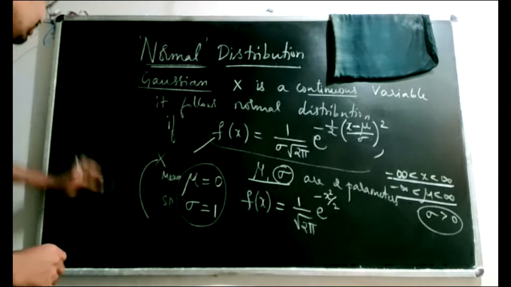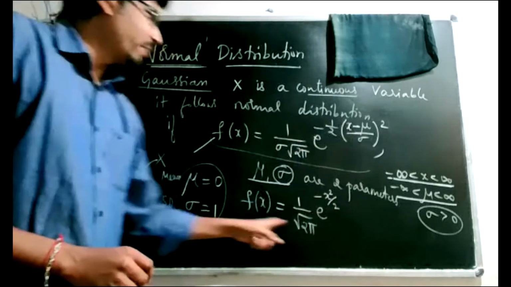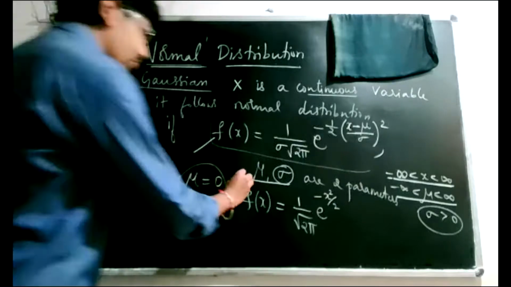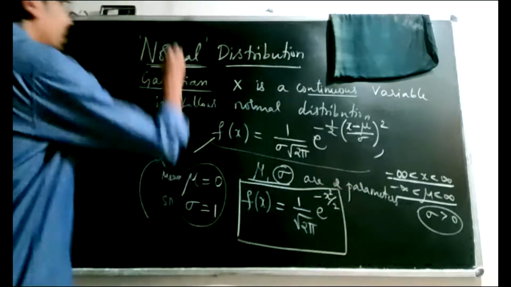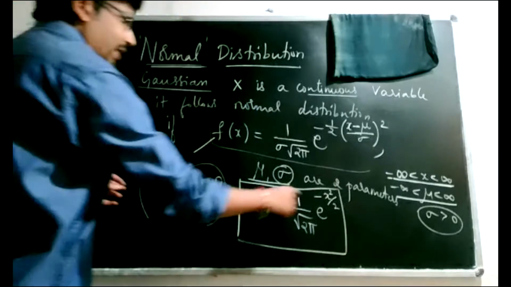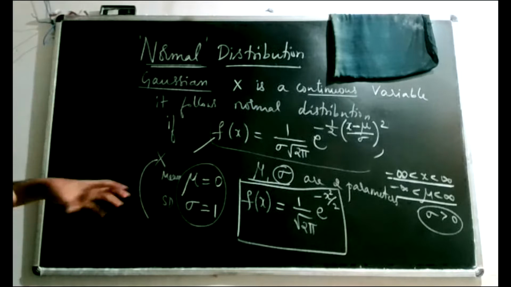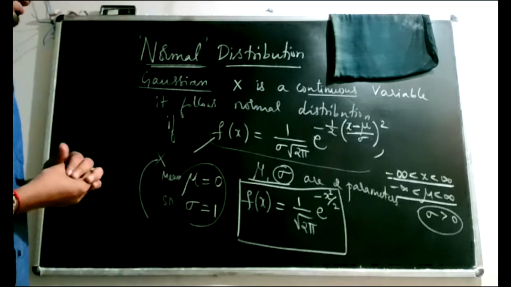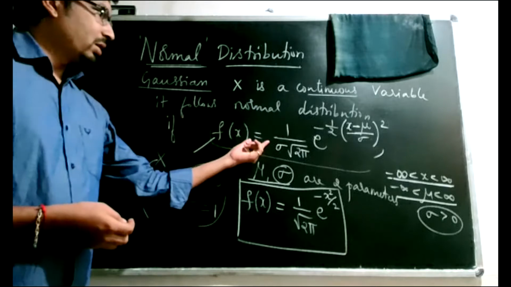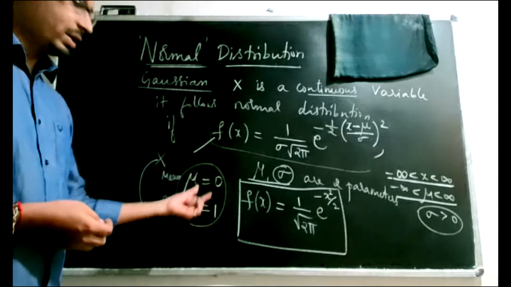Now let us look into the frequency polygon of this particular distribution. To make things simple, I have taken this particular density. We'll see how the curve for this distribution comes, and then we will see what happens in the particular case when we have special values for mu and sigma.